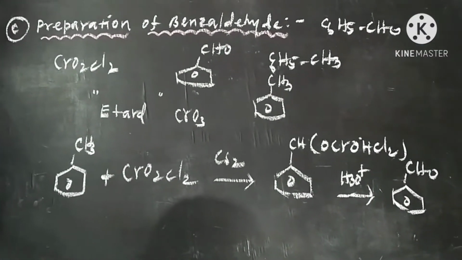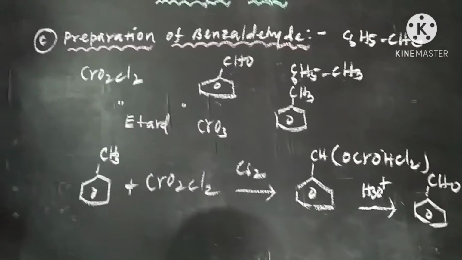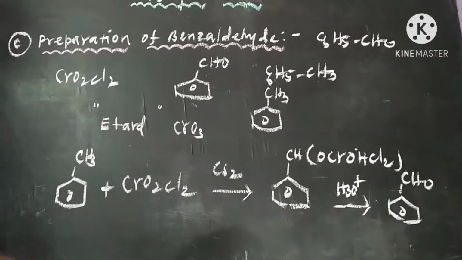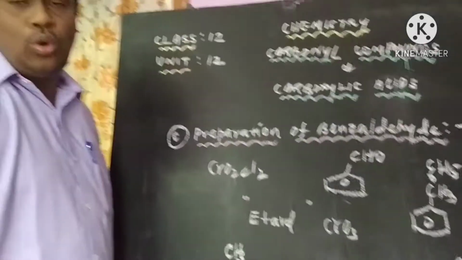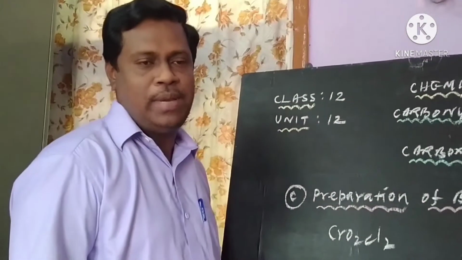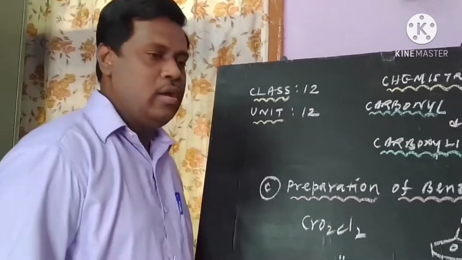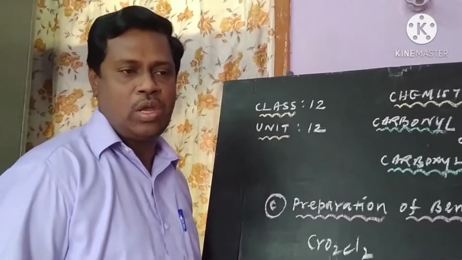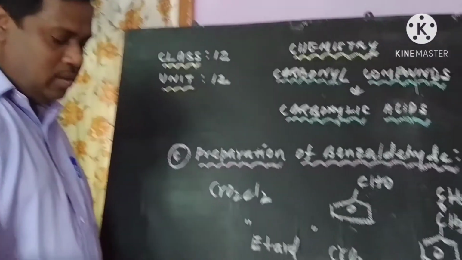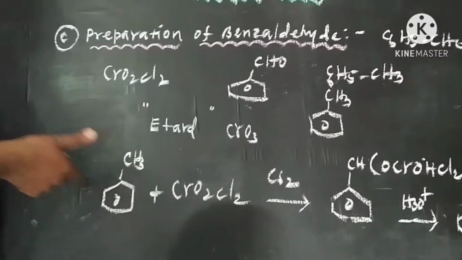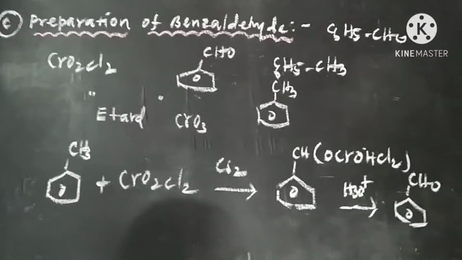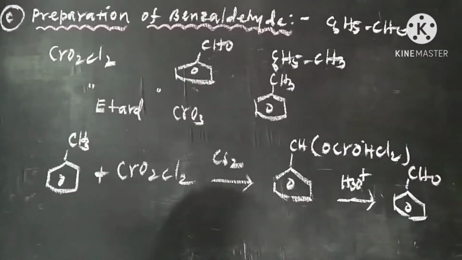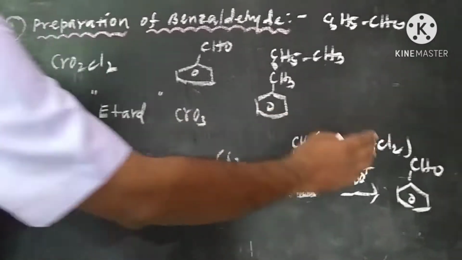Oxidation of toluene by chromic oxide gives benzylidene diacetate, which on hydrolysis gives benzaldehyde.